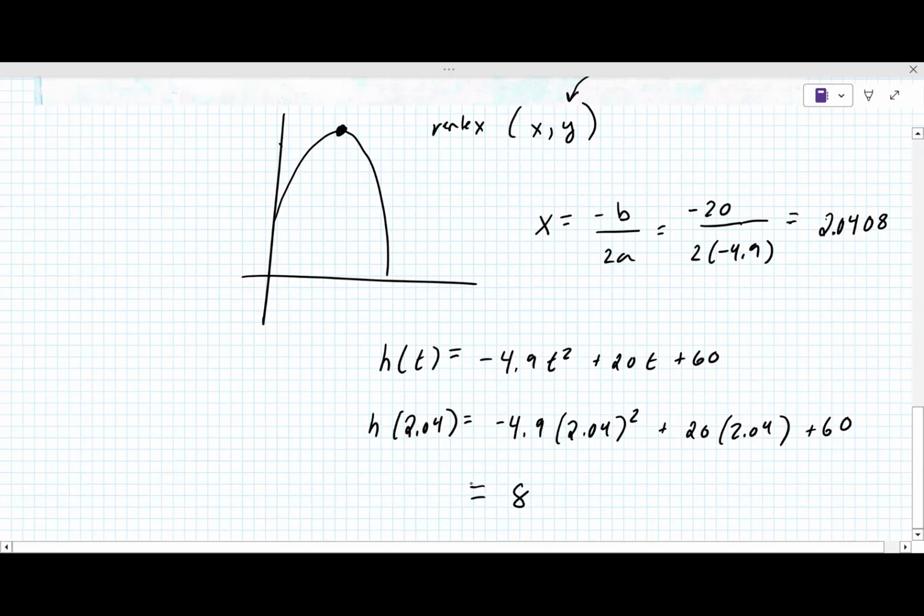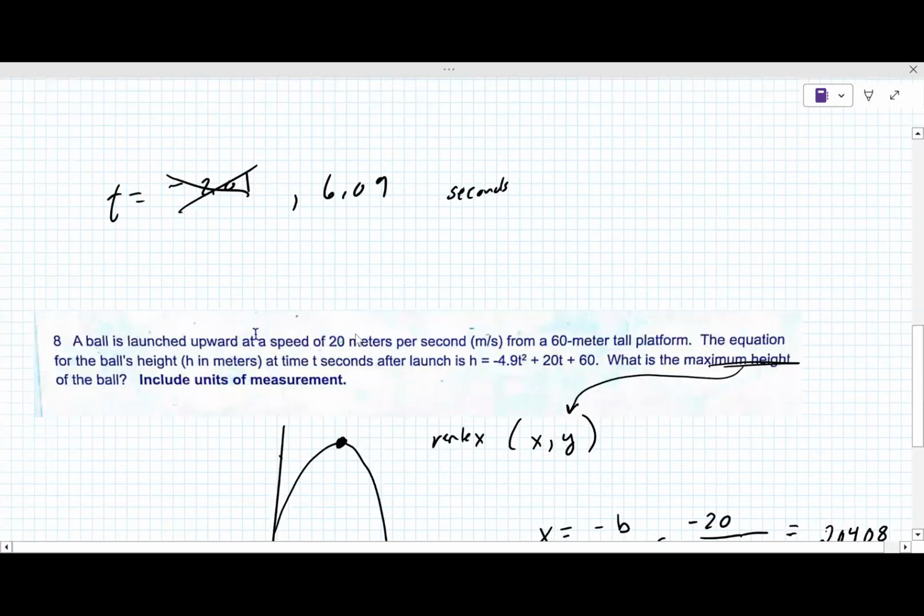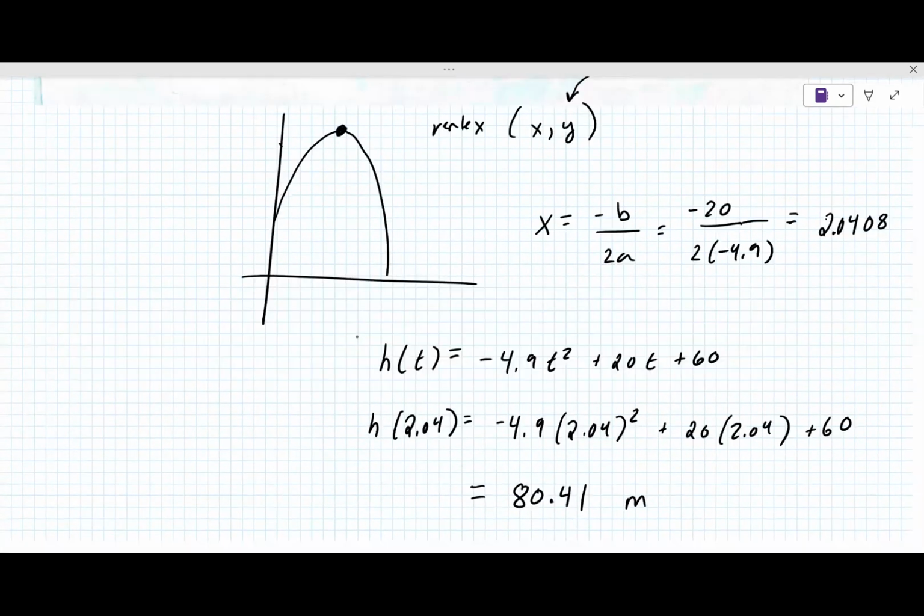I agree. So we'll say 80.41, and then let's go up to the units here, meters. That is the maximum height.